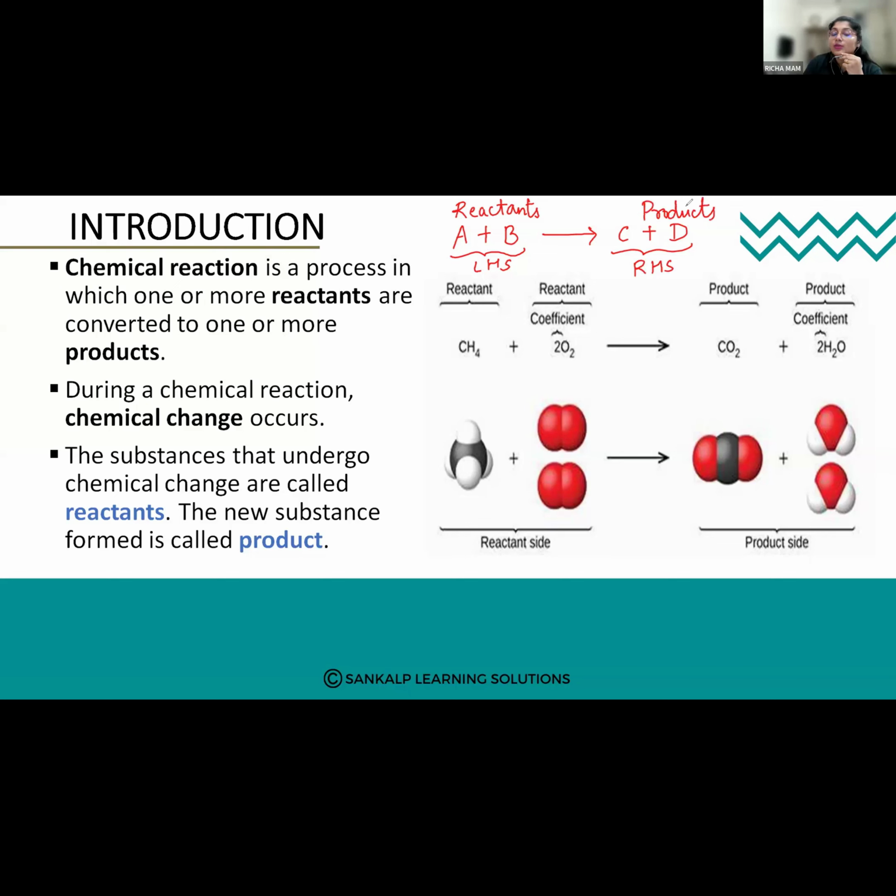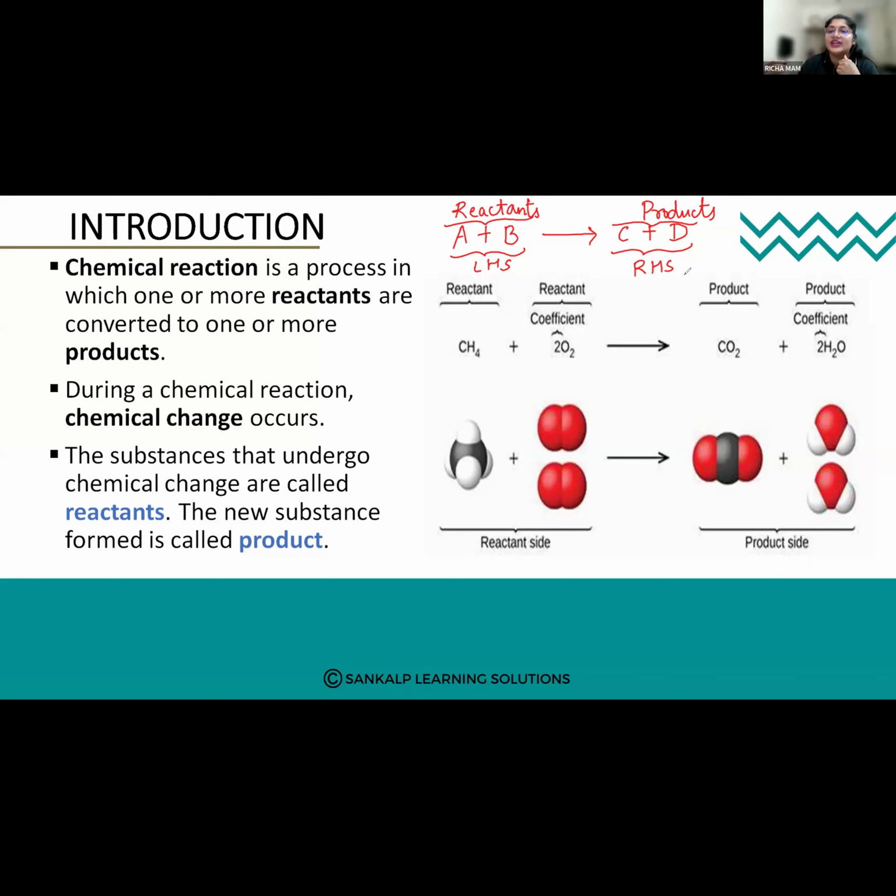So when one or more reactants are converted into one or more products, a chemical reaction is taking place. A and B are reacting to give you products C and D. How does this chemical reaction occur? By a chemical change.